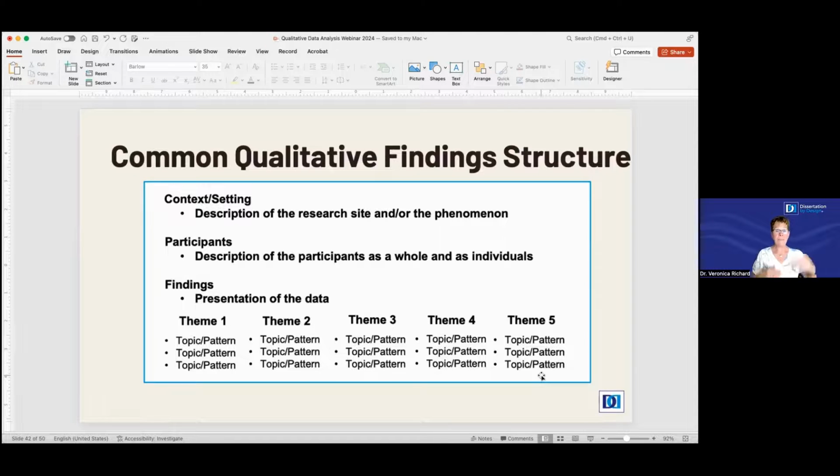For me, if there's not a logical order because of the phenomenon I'm exploring, if they're all fairly equal in terms of their weight, I want to do the most revelatory idea, or the idea that is most interesting to me, I put last, because I want the reader to remember it most.